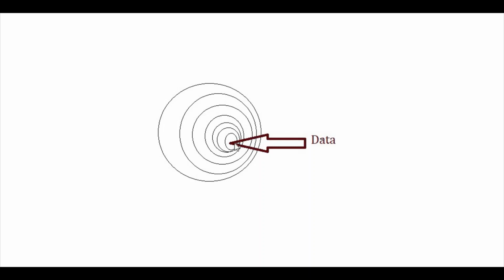So suppose this is an onion. It doesn't look like one, but we all know how it looks, and we all know there are so many layers to it. Suppose this is data. This is the first layer of encryption or encapsulation. So this data is encapsulated or encrypted, and there are so many layers around it, right?